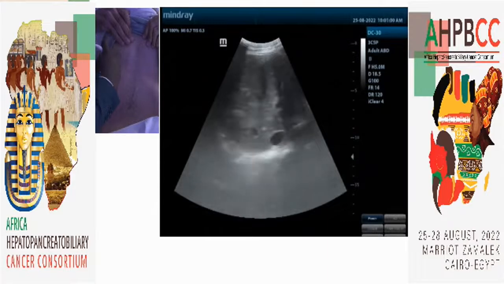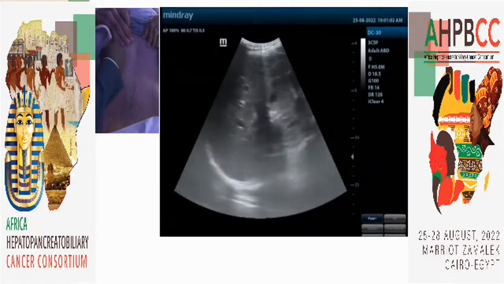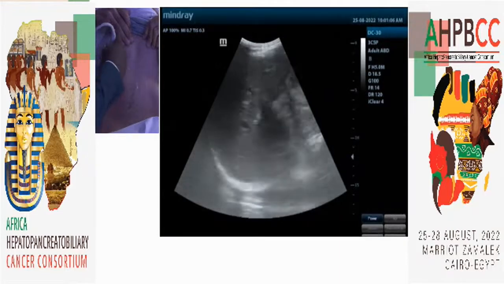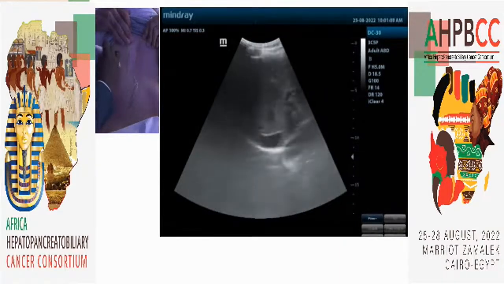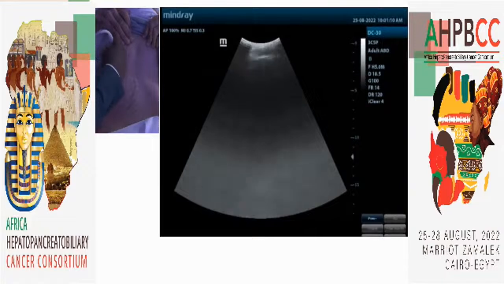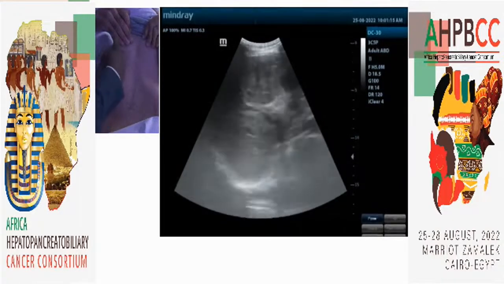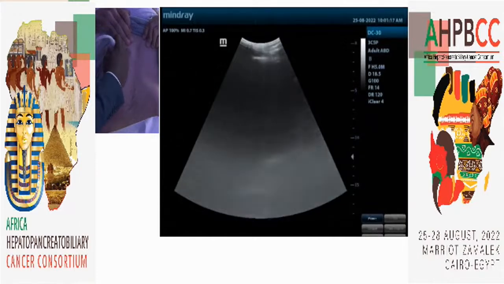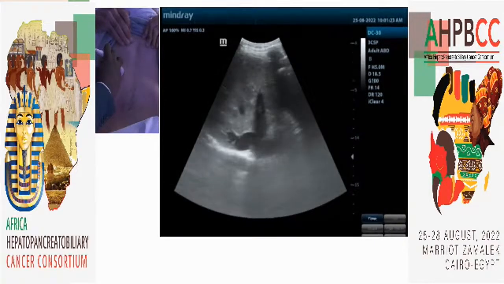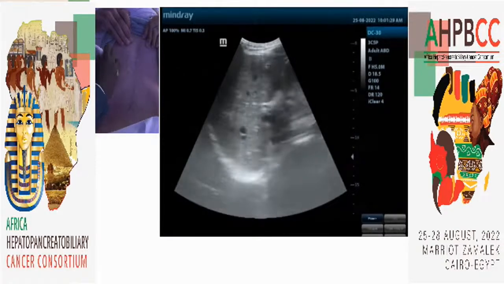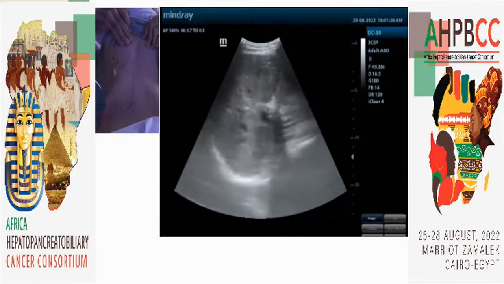So we started midline to evaluate the left lobe, then subcostal to evaluate the right lobe, and then intercostal space by space to screen all the liver segments. So how many segments, Dr. Dina, do we have? We have 8 segments. Yes, we have 1, 2, 3 in the left lobe, and from 4 to 8 in the right lobe.